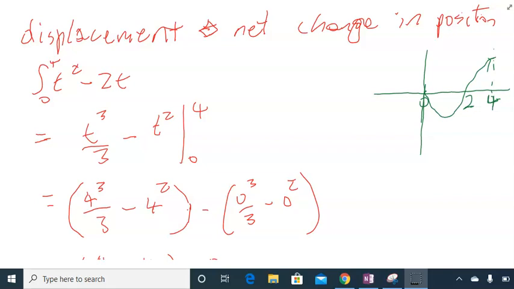So if we want to sketch the graph real quick of what that could look like between 0 to 2 and 2 to 4, this is what the graph of that function looks like. So here we are at 0. Let's change our axis to a different color. 0 to 2 and 2 to 4. So we're thinking of this graph.